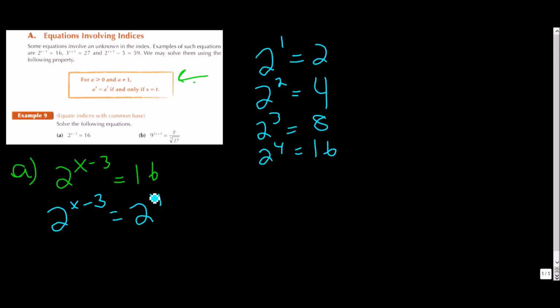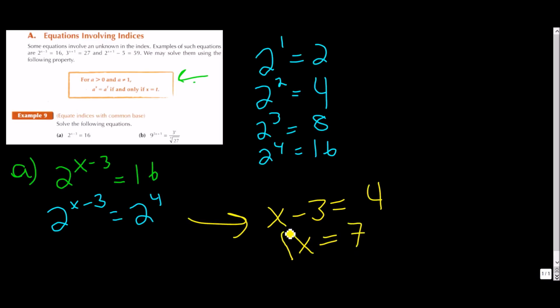This is perfectly legal because 2 to the fourth is the same thing as 16. And therefore, since we have the same base on both sides, we can say that x minus 3 equals 4. And therefore x equals 7.